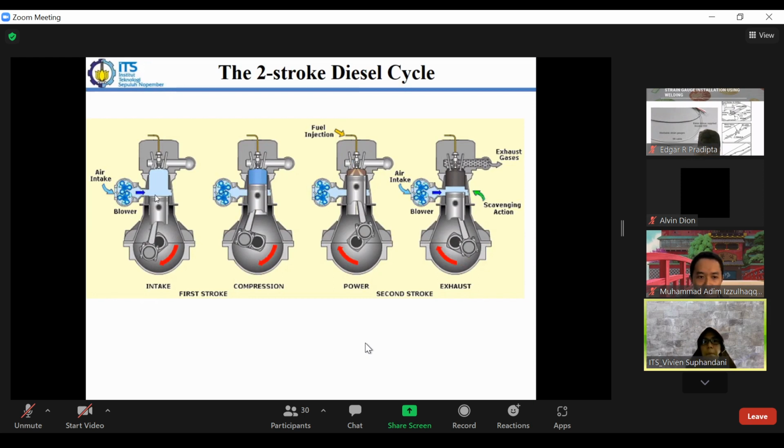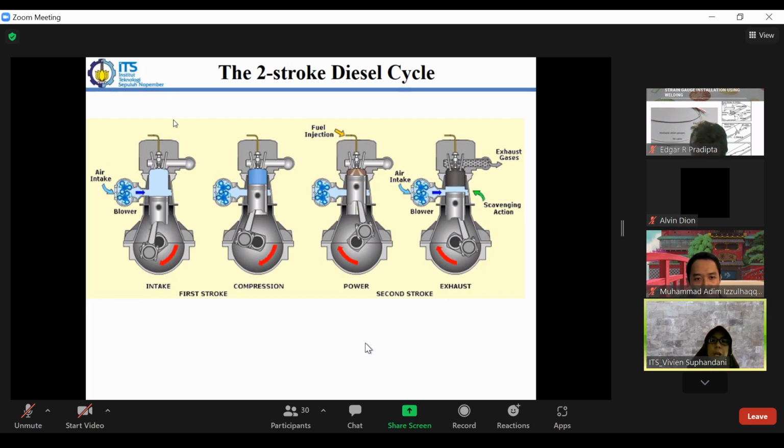So we have a 2-stroke diesel cycle and also 4-stroke. More or less this is similar to gasoline. It means that in the first stroke here we have 2 processes: the intake and then compression.